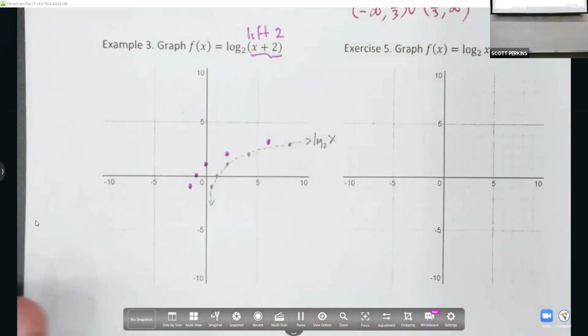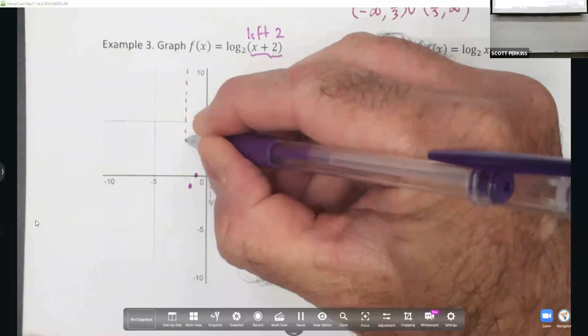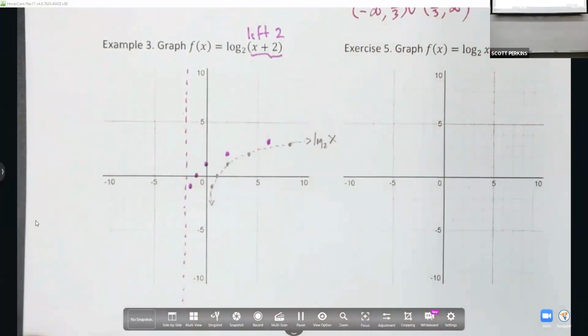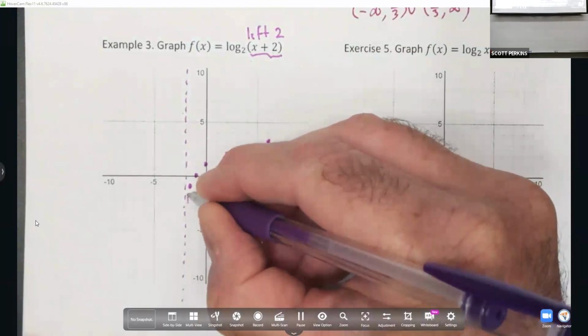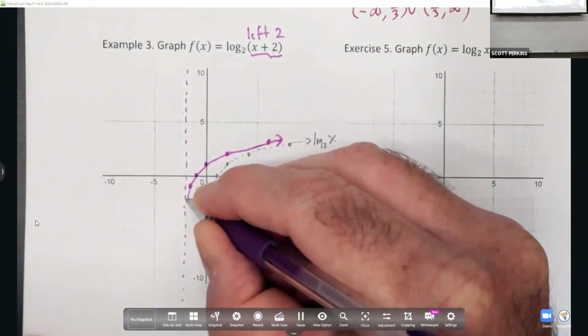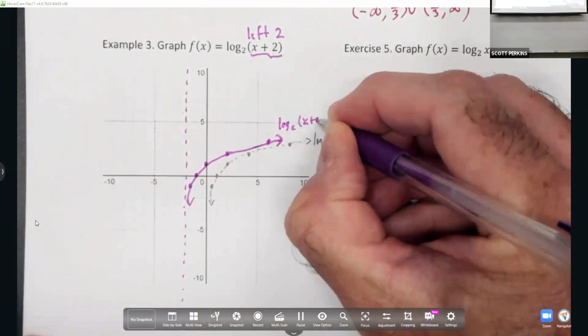My vertical asymptote also moves back, and just so I don't forget it's there, I'm going to put my vertical asymptote here nice and thin so that I don't crash into it, right here at negative 2. And here is my graph in purple of the log base 2 of x plus 2.